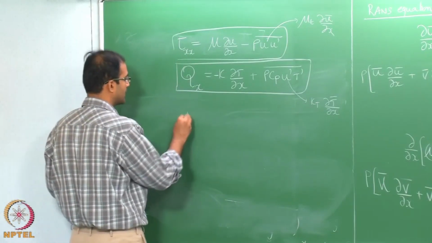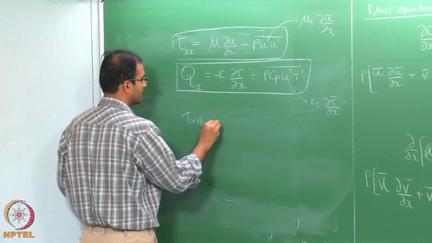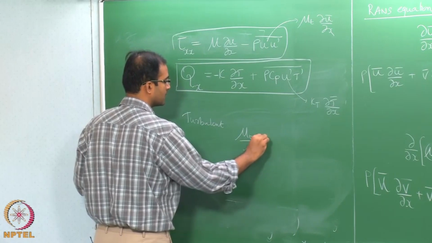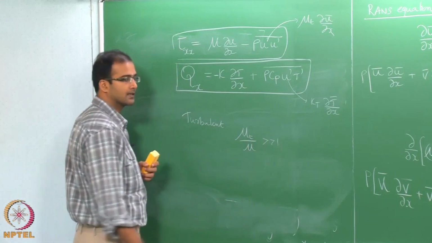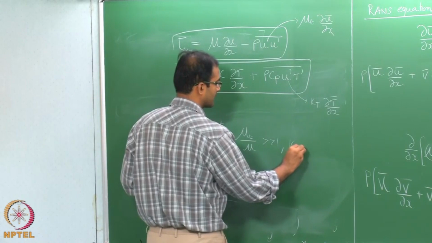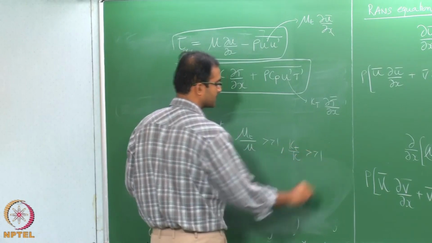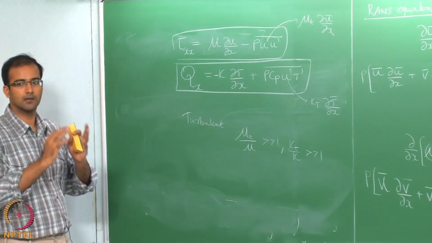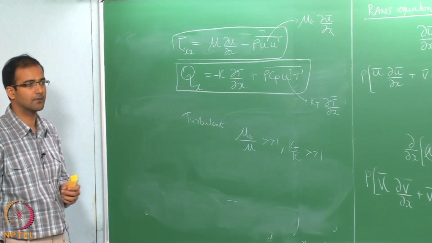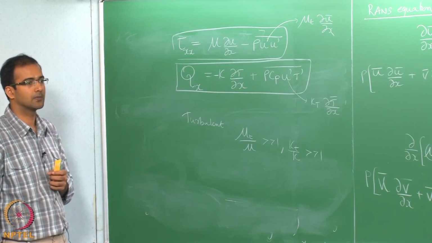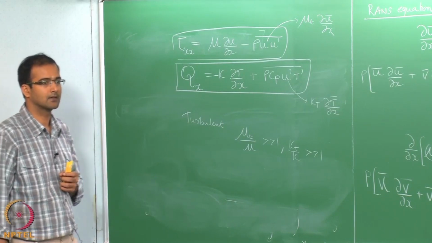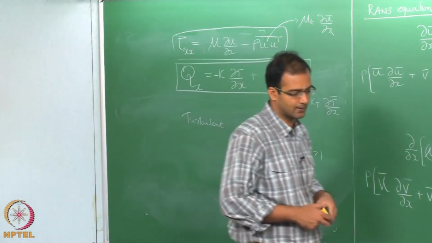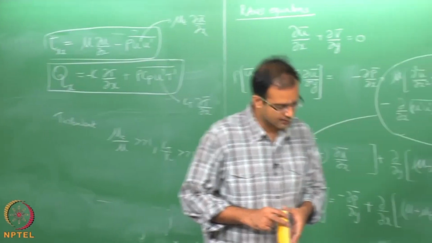So, in the turbulent region, most of the time your mu t by mu will be much greater than 1, and so is k t by k. Most of the time they will be governed by only the turbulent diffusion. The molecular diffusion will have little role to play in the turbulent region. That is why it is very important to account for them. We cannot definitely neglect them under any circumstance.